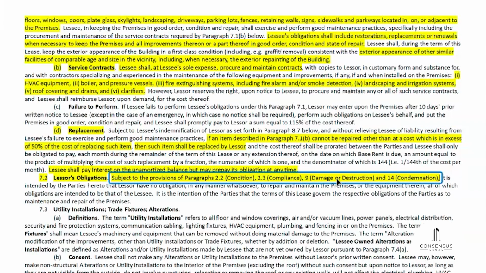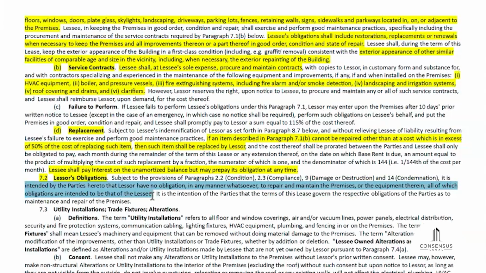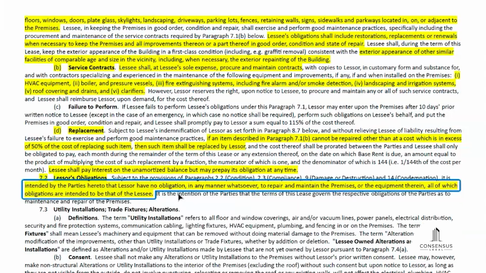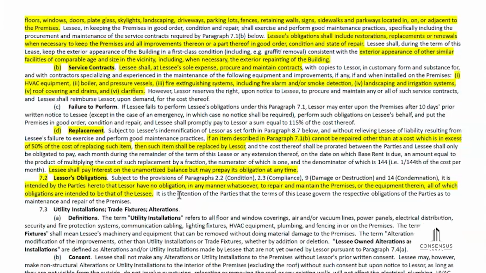Damage and destruction, lessor could have obligations if there's damage or destruction to repair. And same with condemnation. There are circumstances where lessor could be responsible. But in general, except in those unusual circumstances, I guess 2.2 isn't that unusual, this obligation is really limited. Lessor has virtually no repair and maintenance obligations except in those limited circumstances.